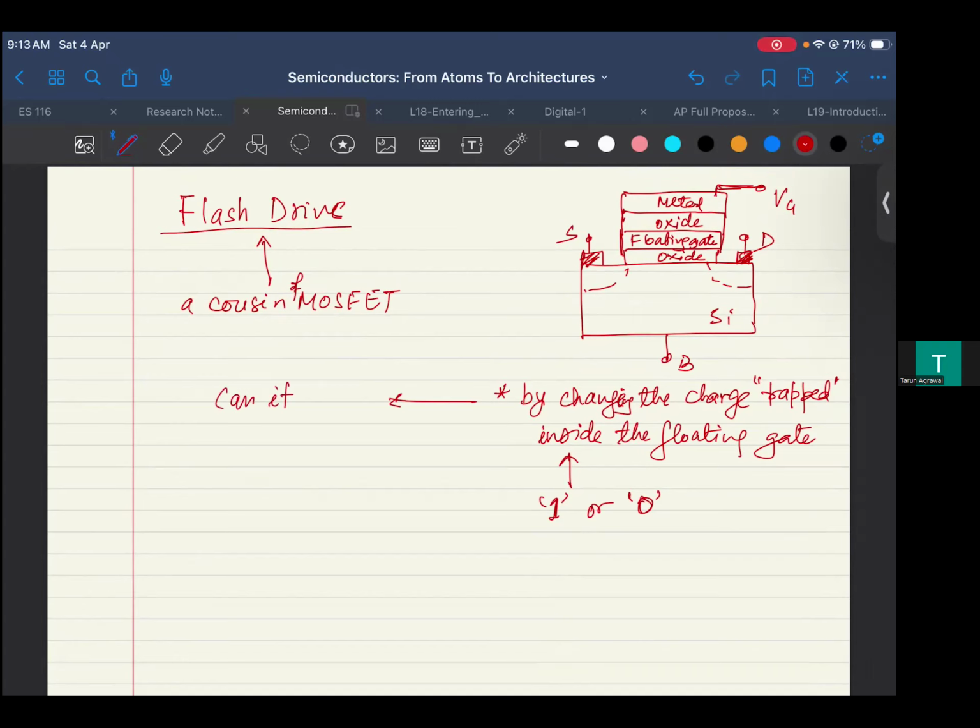If it is a charge which is giving me 1 and 0, can I measure the charge directly, so that I can know what is 1 and 0?